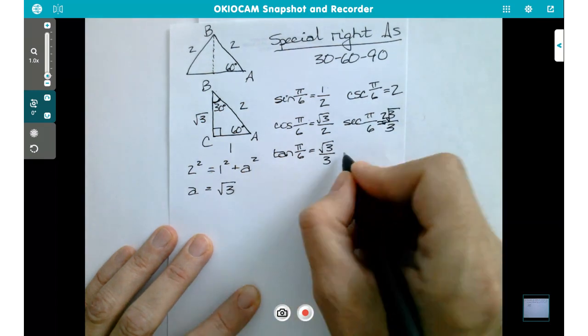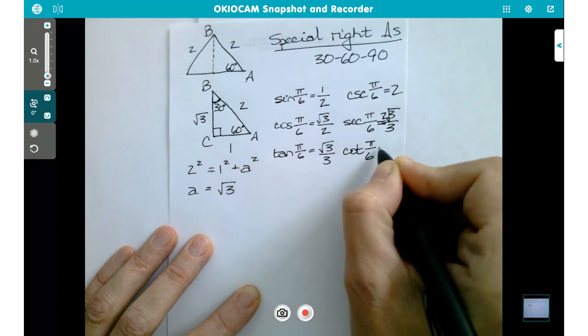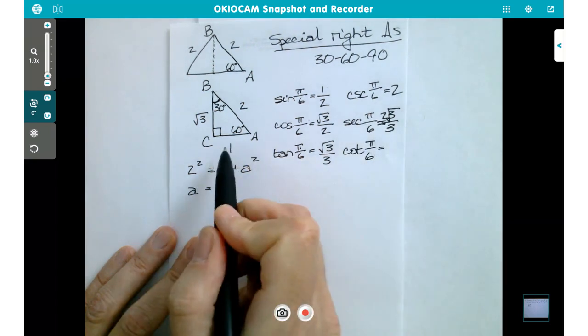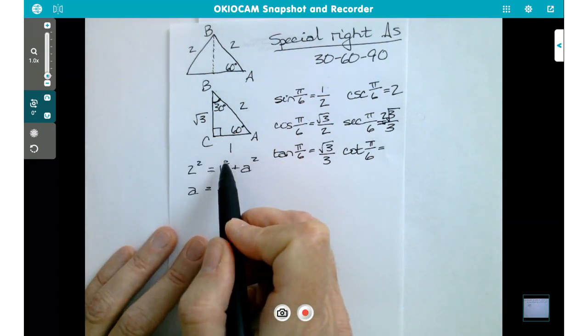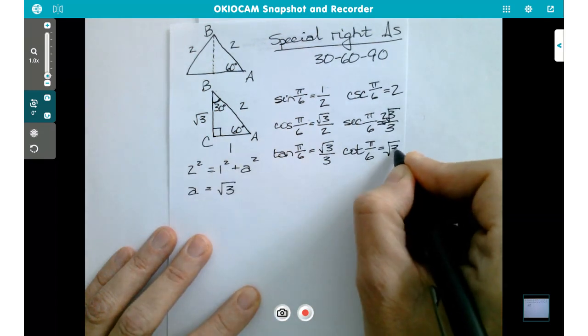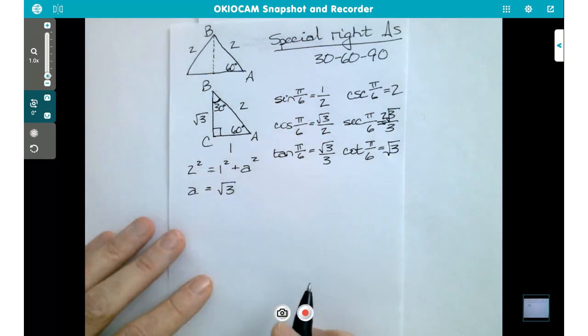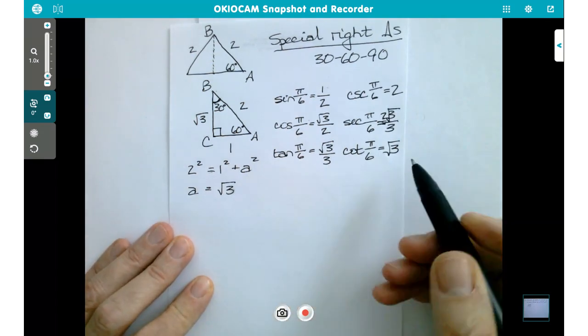And the cotangent is adjacent over opposite, which is root 3. There are 6 trig functions for 30 degrees, pi over 6.